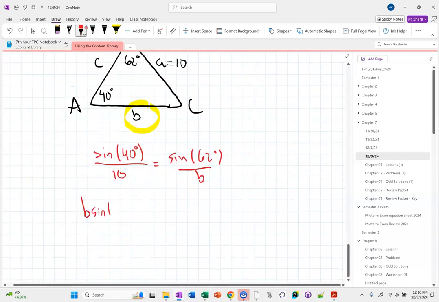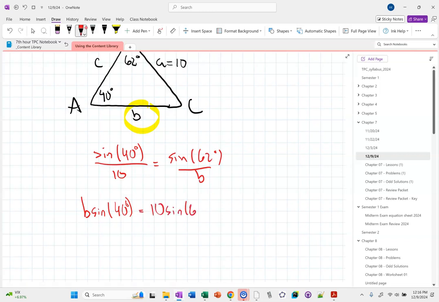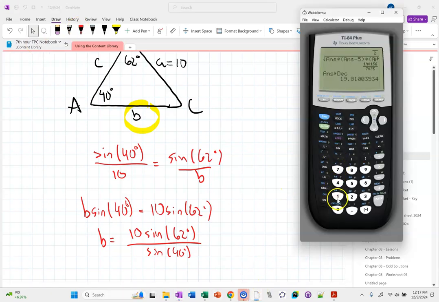I cross multiply. And then divide by sine 40. So I get about 13.74.